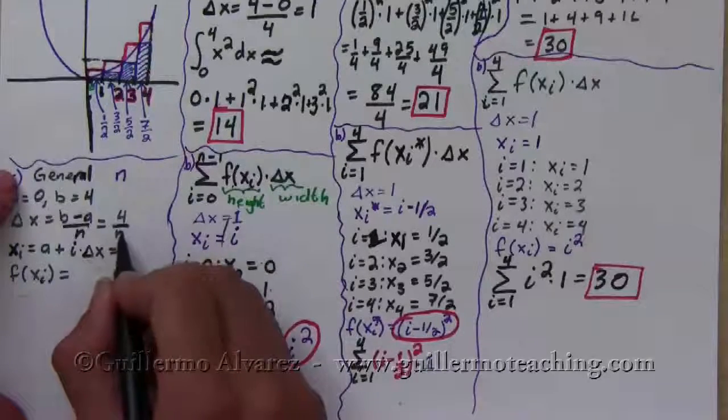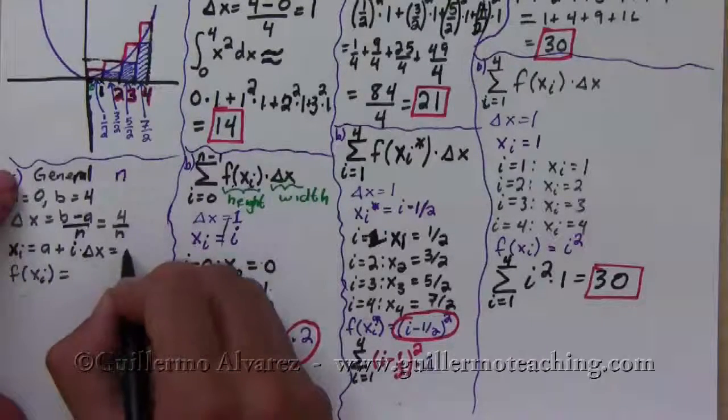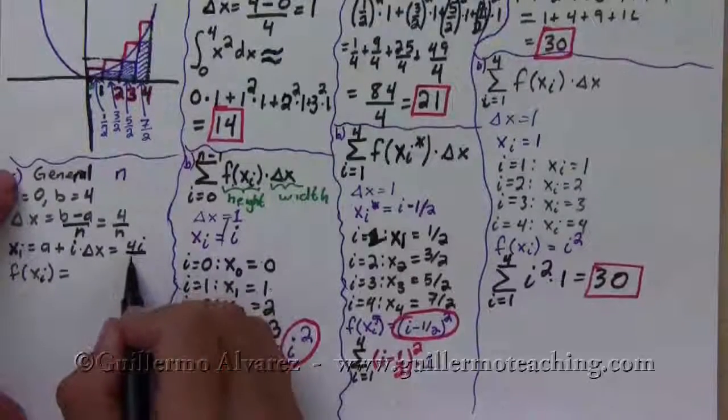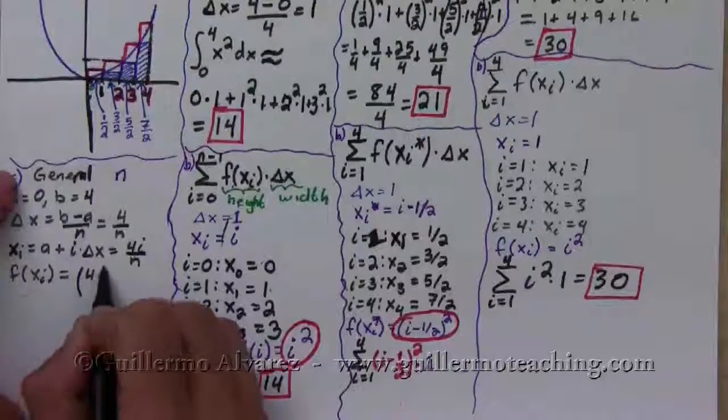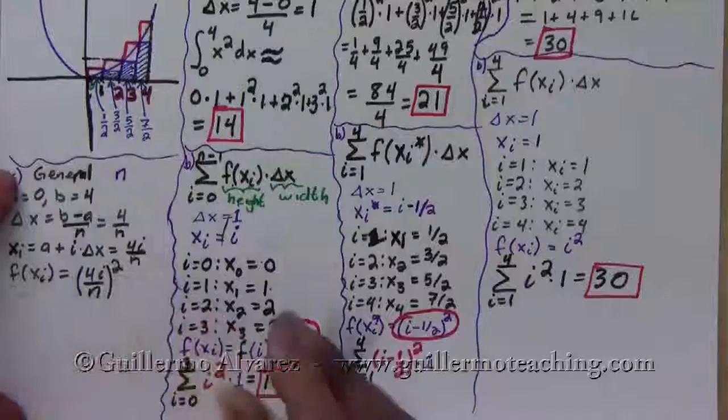Delta x is equal to 4 over n, so x sub I is equal to 4I over n. So f of x sub I is equal to 4I over n squared.